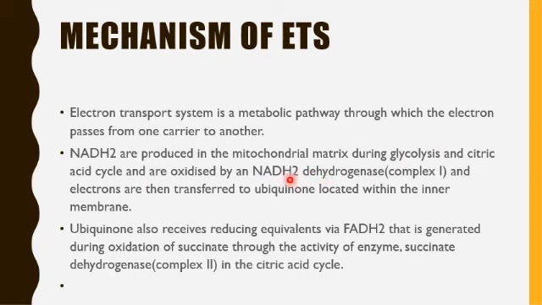Oxidized means that hydrogen ions are being released, and electrons are then transferred to ubiquinone located within the inner membrane. Ubiquinone also receives the reducing equivalents via FADH2 that is generated during oxidation of succinate through the activity of the enzyme succinate dehydrogenase, that is complex 2 in the citric cycle.